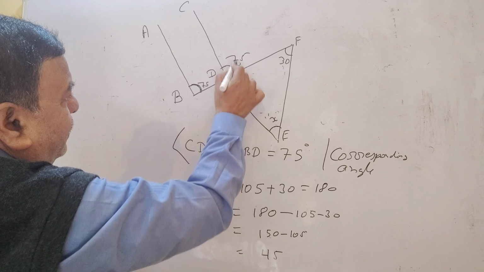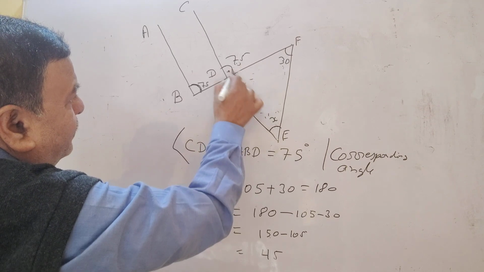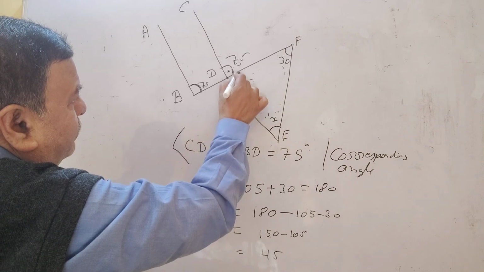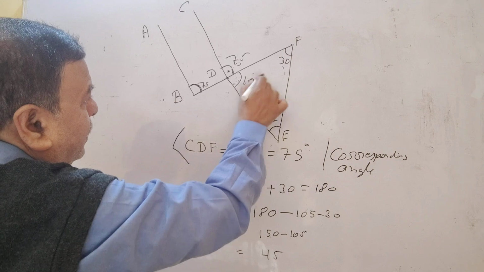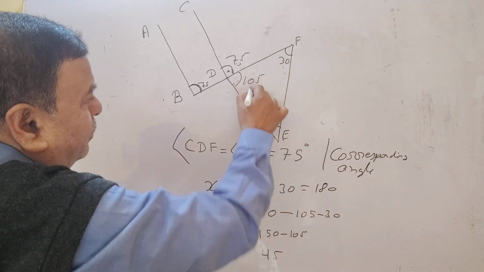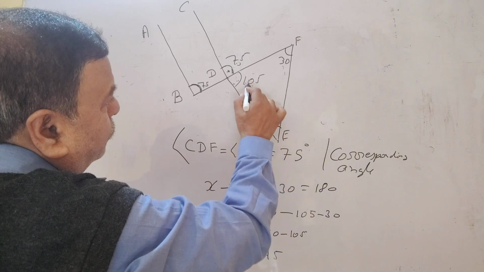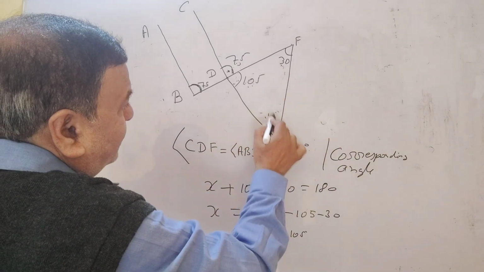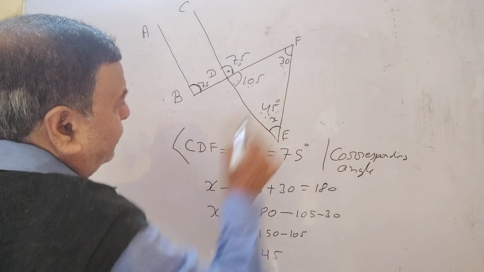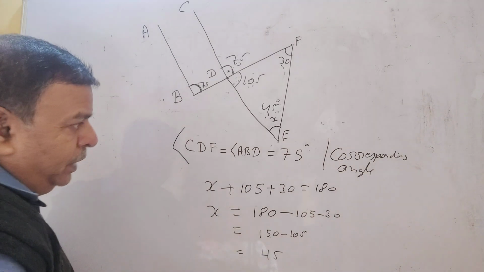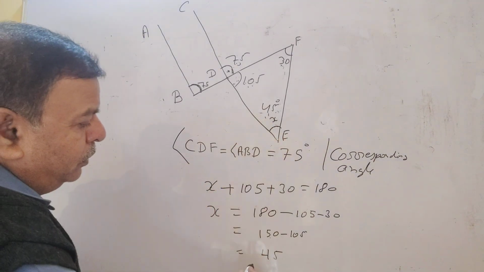And if this is 75, both become a linear pair, so this will become 105. And in a triangle, the sum of all the angles is 180. So 105 plus 30 plus this 45 makes 180. So very easy to find out.